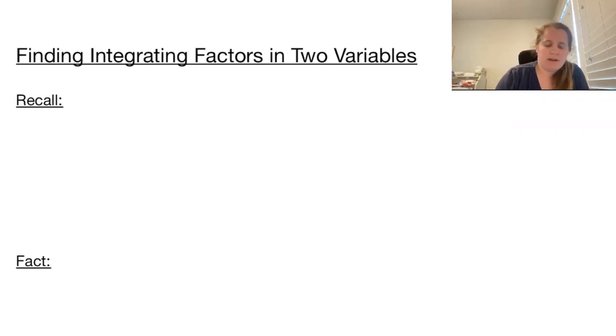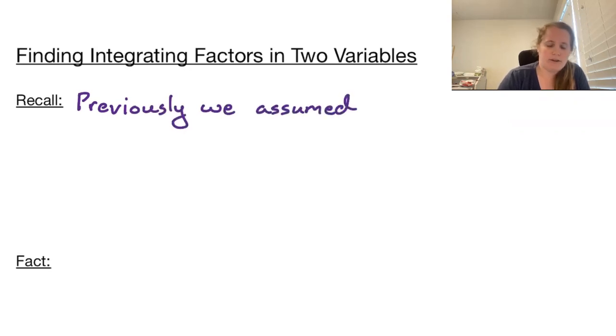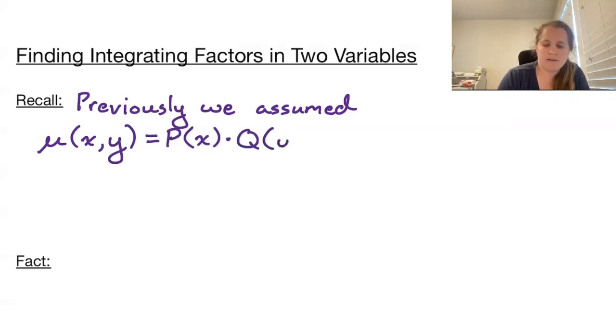So recall previously we assumed that our integrating factor mu of xy took the form of a function of x, capital P of x, times a function of y, capital Q of y.